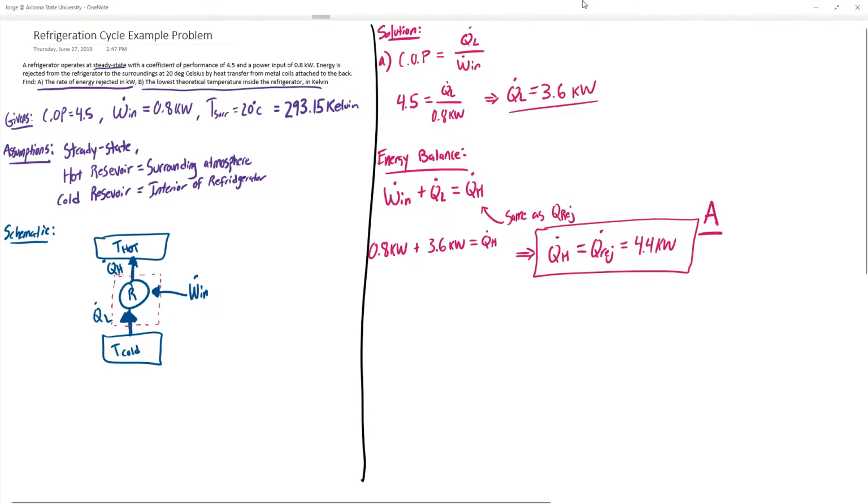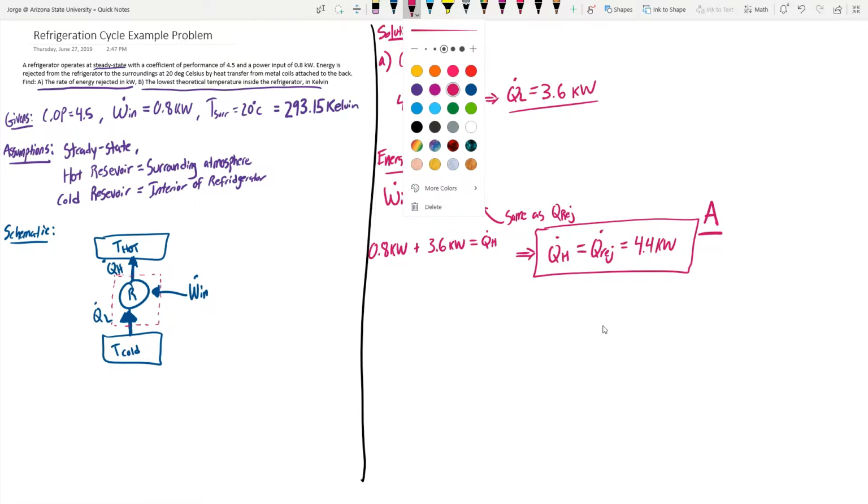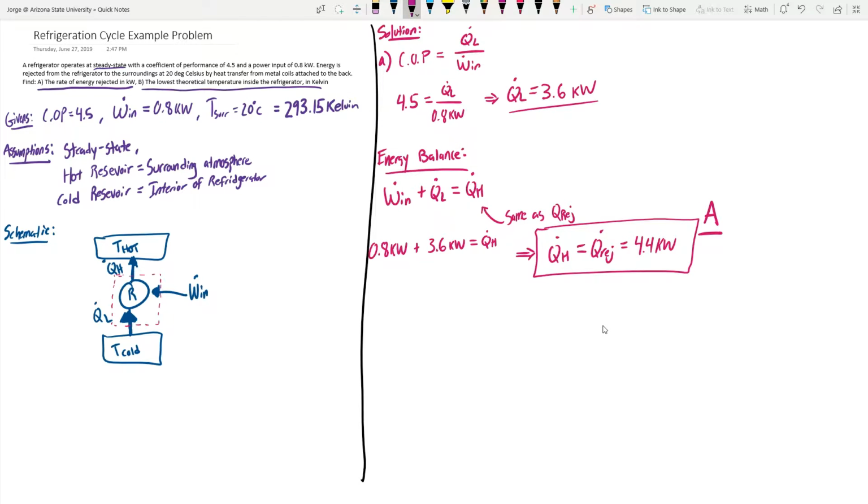So now looking at part B. We're trying to find the lowest theoretical temperature inside the refrigerator. So for part B, let's just write what we know so far.